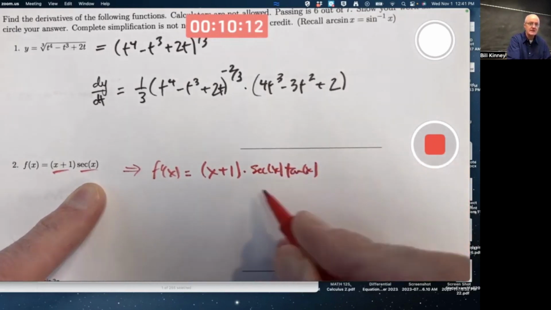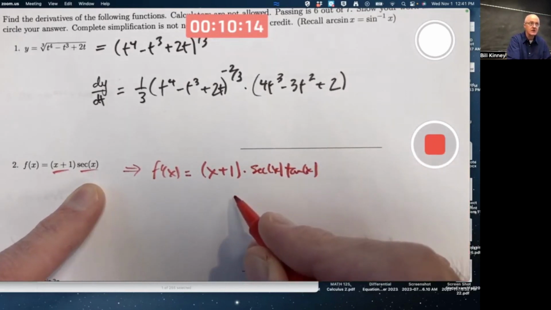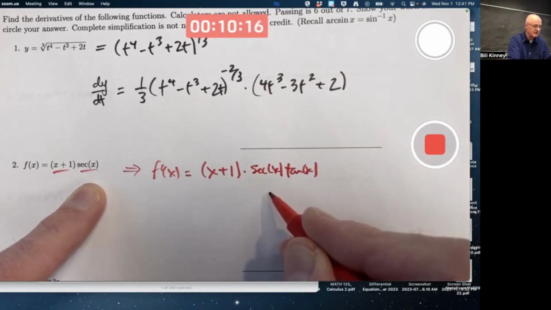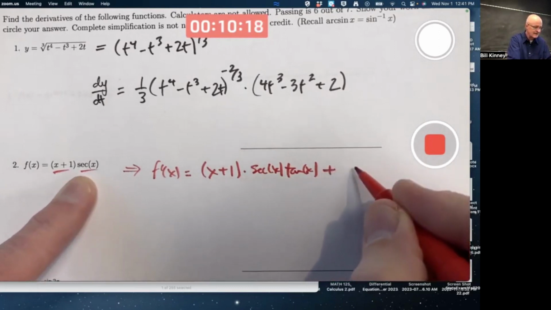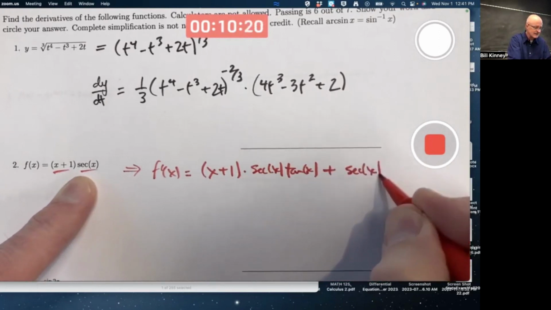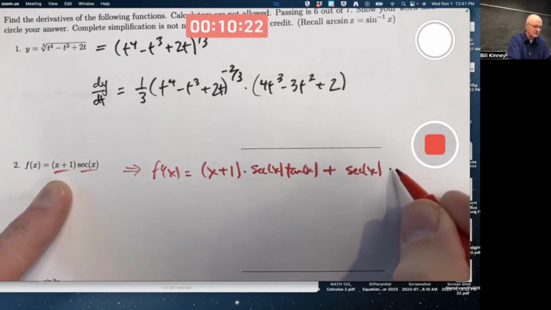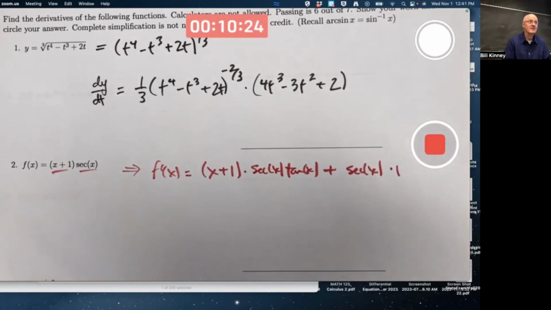So that's left d right, the left function times the derivative of the right function, plus right secant of x, d left, the derivative of x plus 1 is just 1. That's it. You're done. If you've got the derivative of secant memorized.